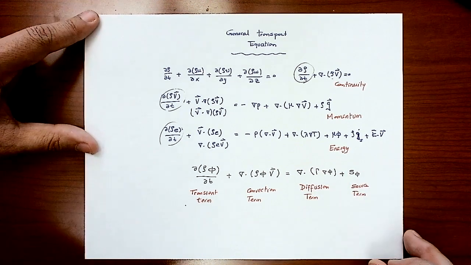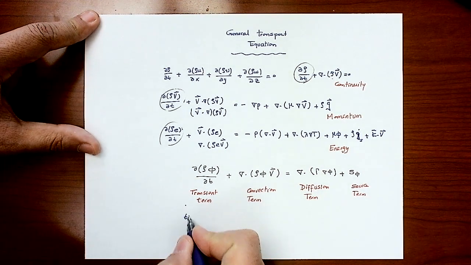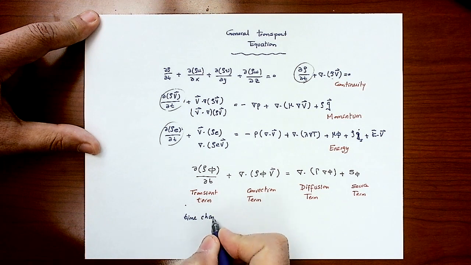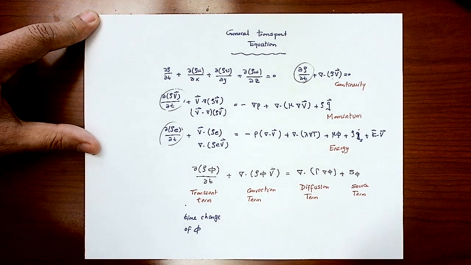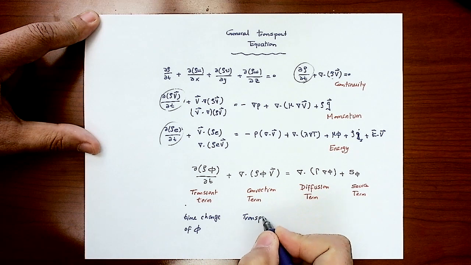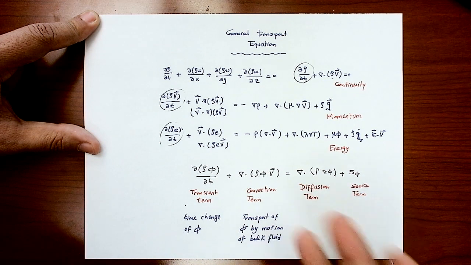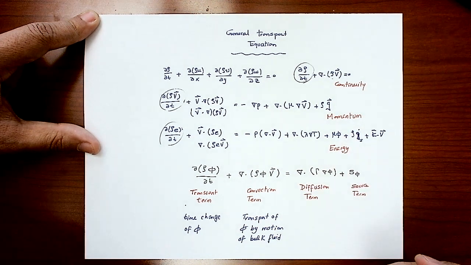So if we would like to translate that, the first term is the time change of variable phi. The second term represents the transport of phi by motion of the bulk fluid, so this is energy carried by the motion of the fluid.